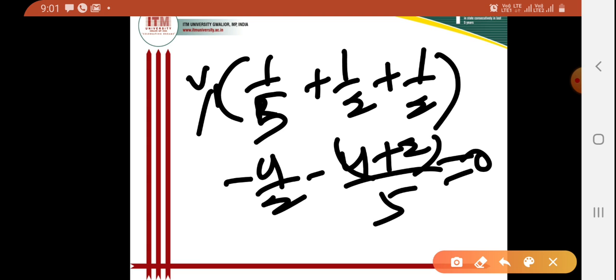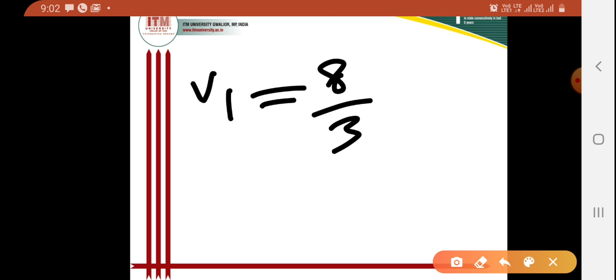Now if you simplify the equation we have just written, V1 will become 8 by 3 volt.